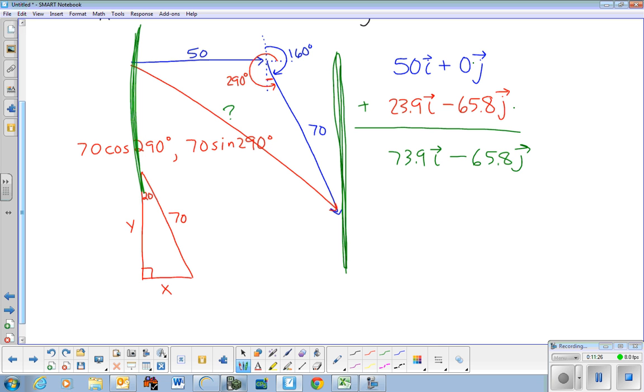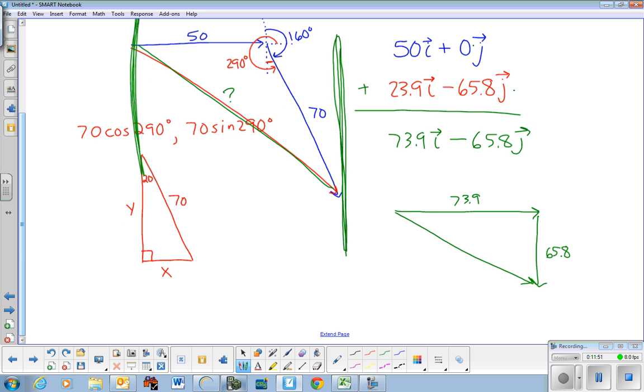What we're going to do is build a little right triangle. 73.9 right, 65.8 down, and now this is my answer. That's here. I'm just making one big right triangle out of the multiple legs of the journey, each broken into their parts.